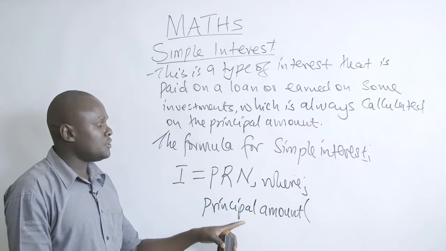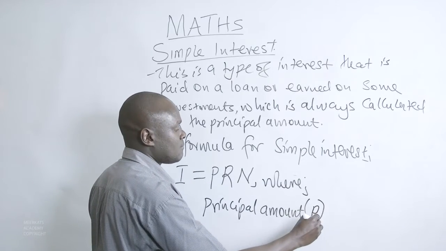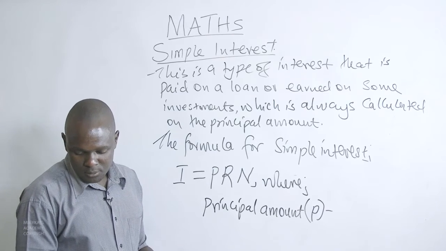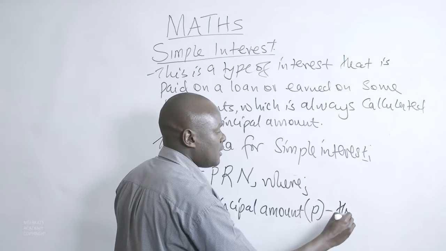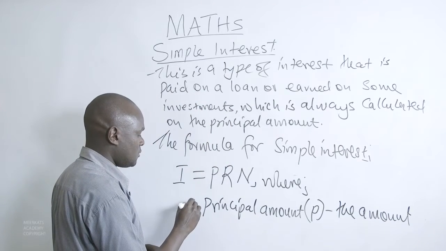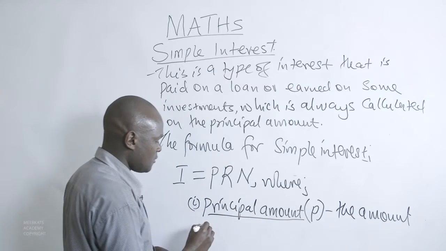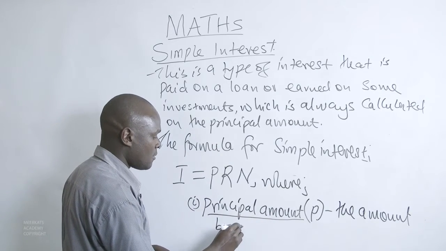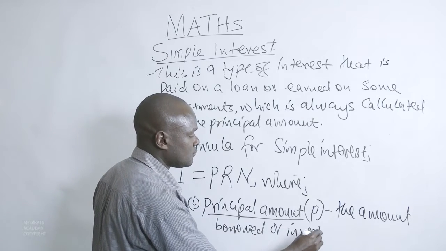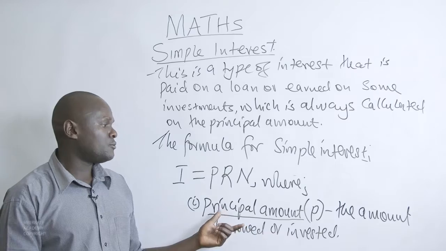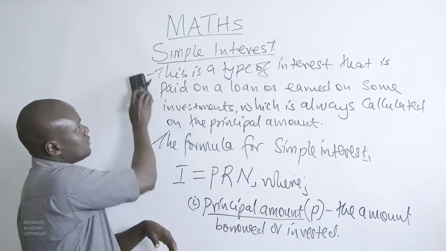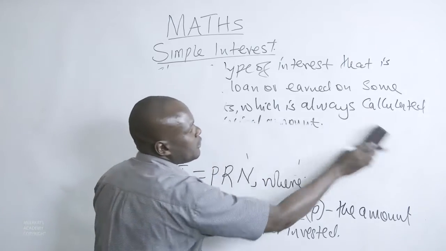This principal amount is denoted by the letter P. And it is basically the amount that is borrowed or invested. The principal amount means that amount that is borrowed or invested. Let us move on and look at the other components of the formula.